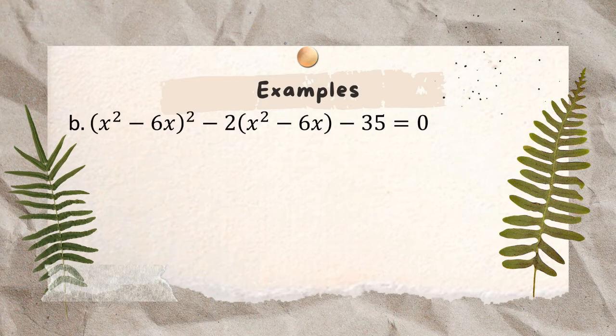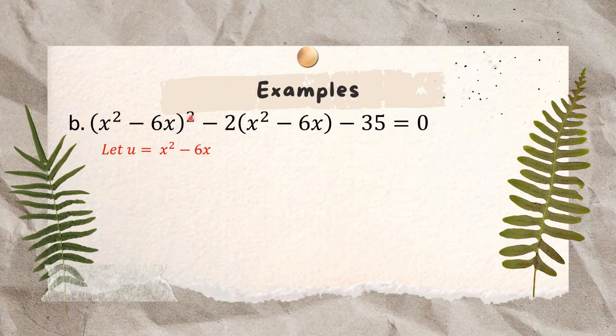Let's have this second example. We have the quantity x squared minus 6x raised to 2 minus 2 times the quantity x squared minus 6x minus 35 is equal to 0. In this equation, we can easily determine the value of u, which is equal to x squared minus 6x.